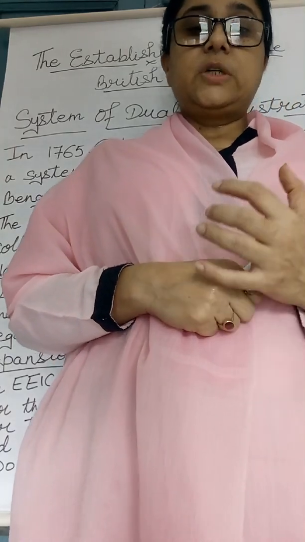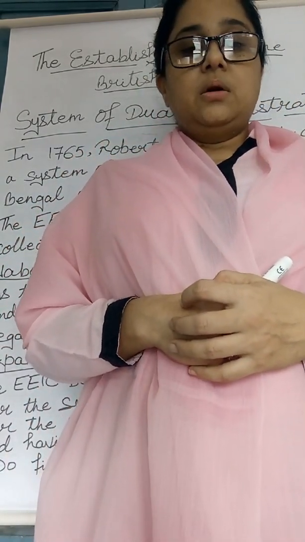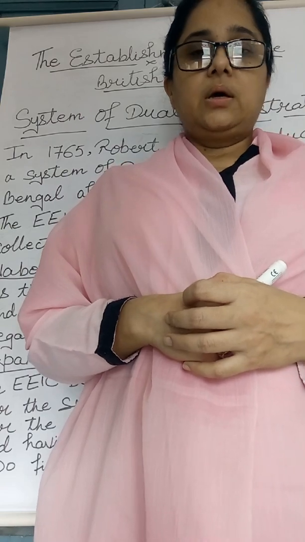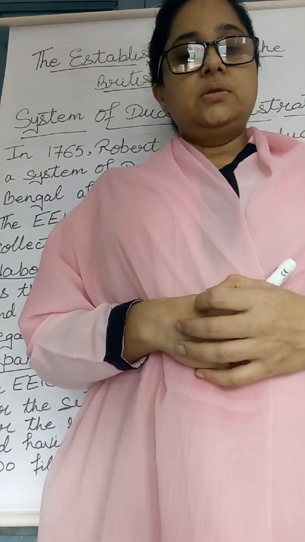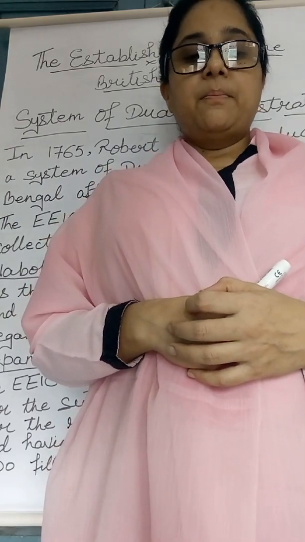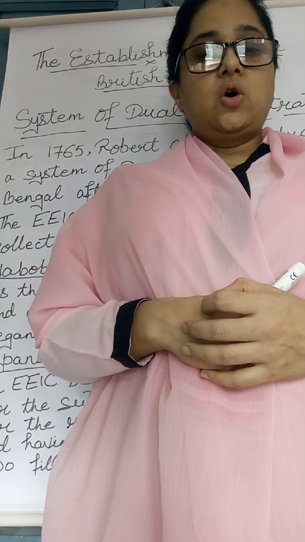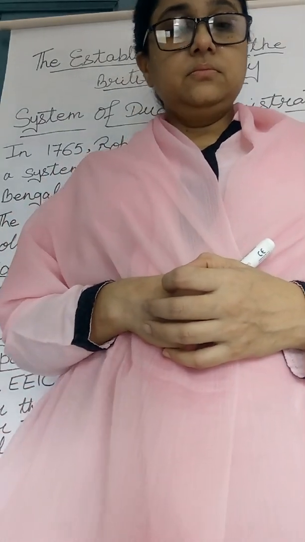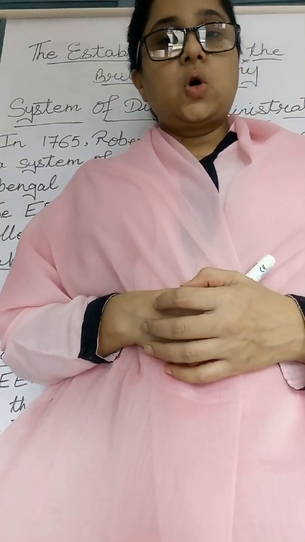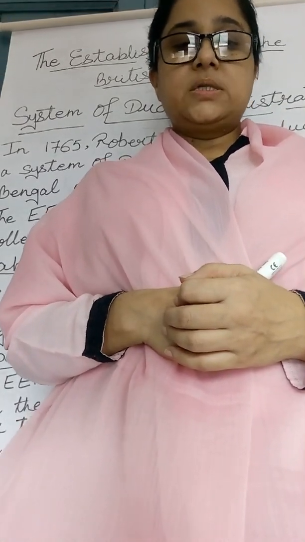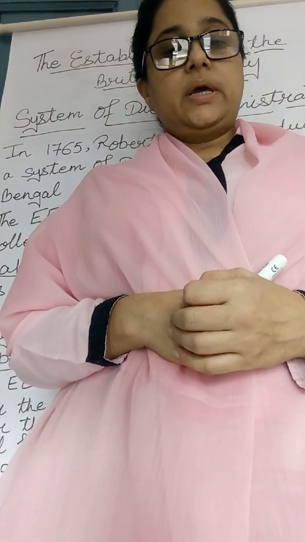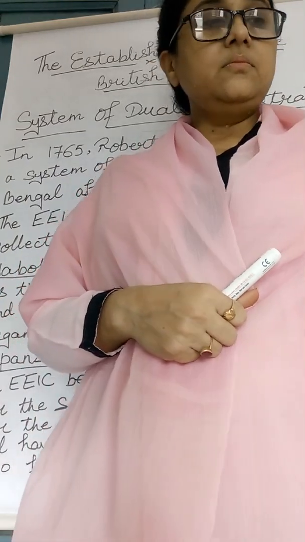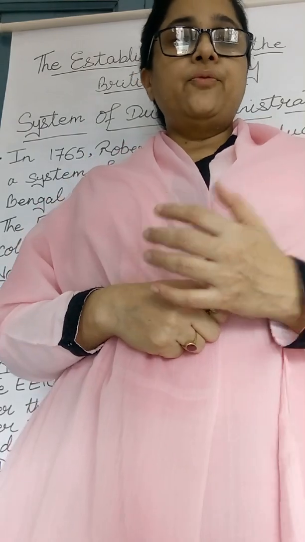Under this system, the British agreed to maintain a permanent and fixed subsidiary force within the territory of their ally. In return, they did not take money but took over a part of the territory of the ally. A British official called a resident was also placed at the court of the ruler, and he could not maintain any relation with any other ruler without the approval of the British.